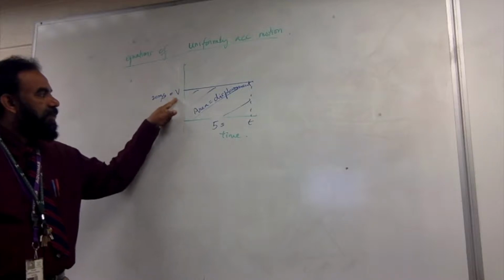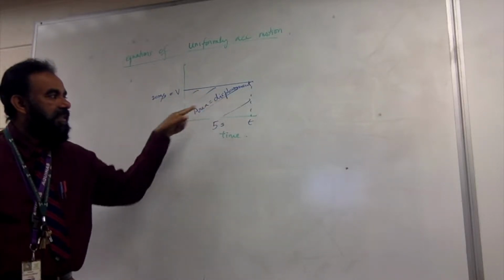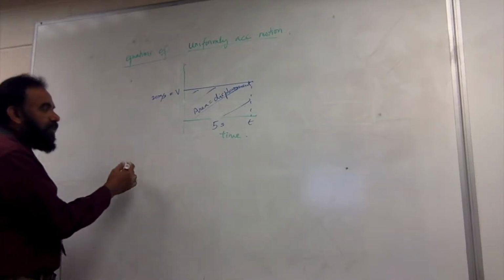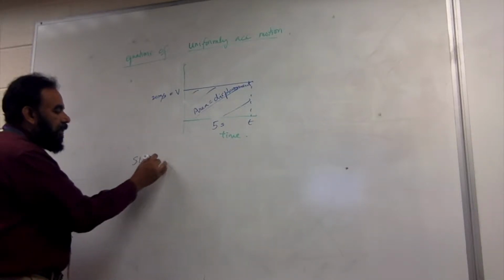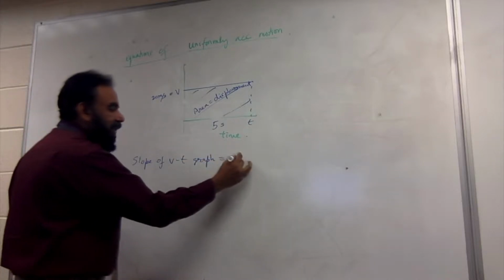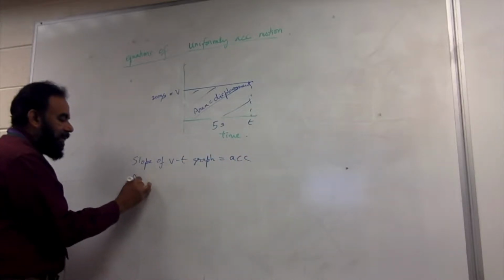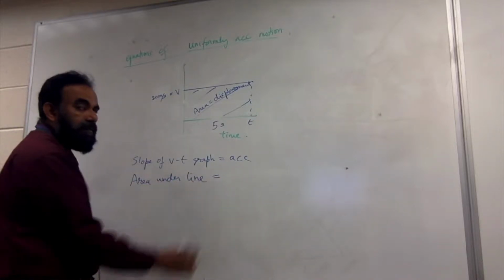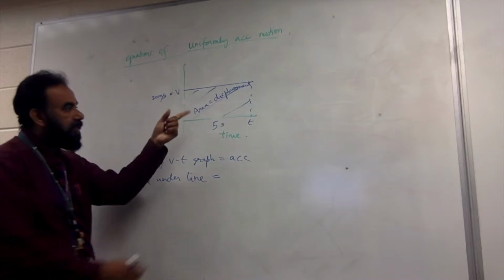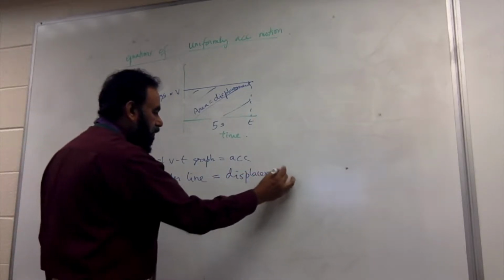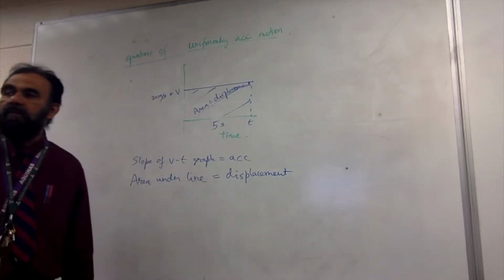Traveling at 20 meters per second for 5 seconds, you got this, and the area stands for displacement. So once again, what's the slope of velocity time graph? That will give you acceleration. What is the area under the line? Displacement.